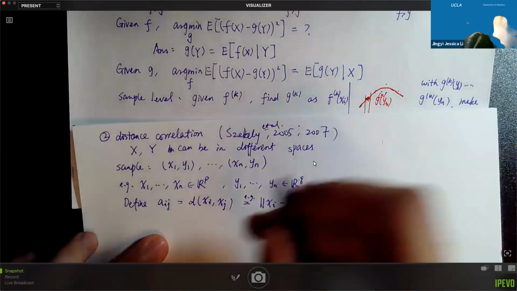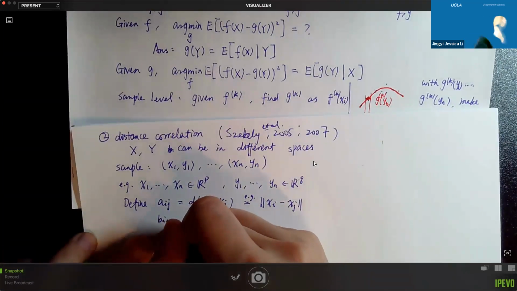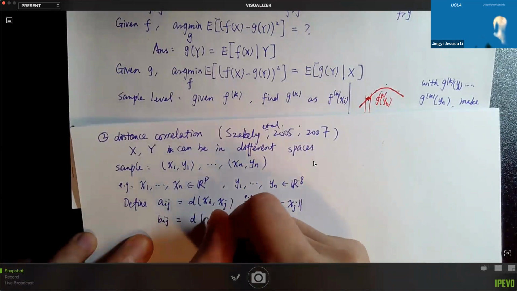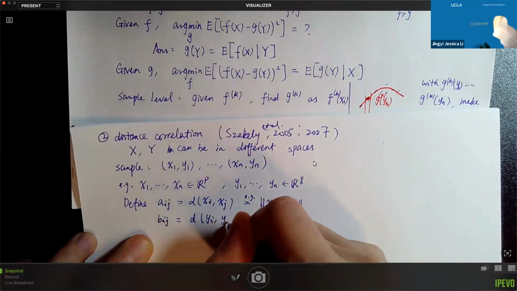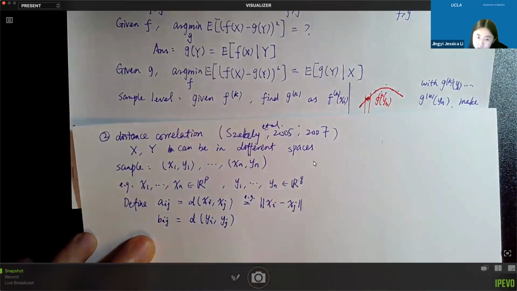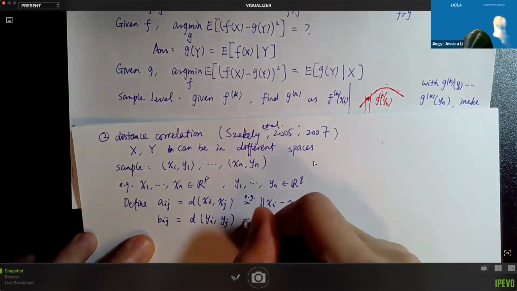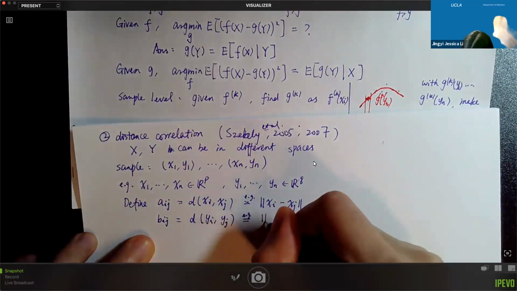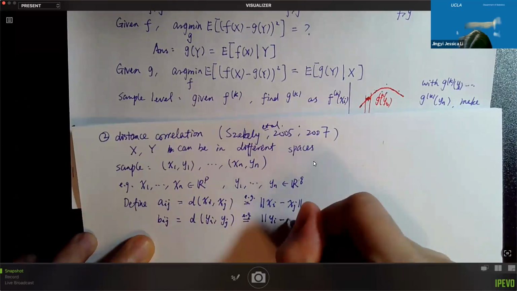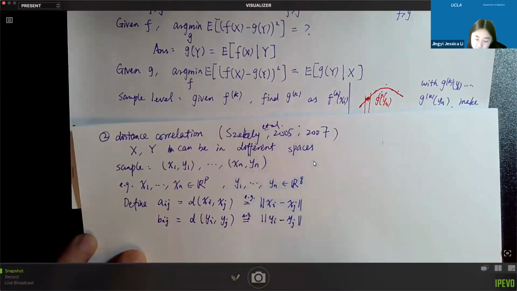And similarly, we define Bij as the distance between yi and yj in the Y space. For example, you may still use the Euclidean distance or some other distance. So then you will have n by n Aij's and n by n Bij's.